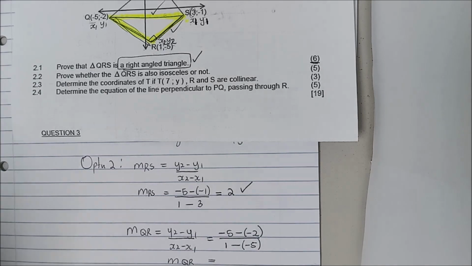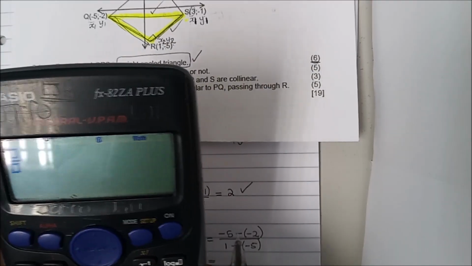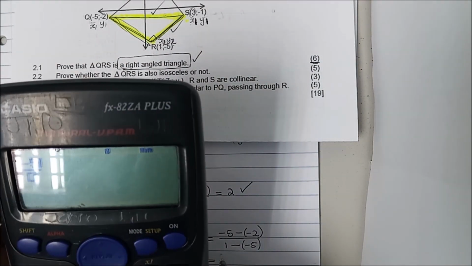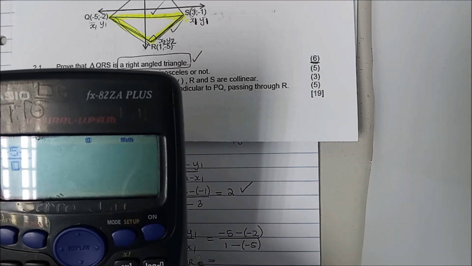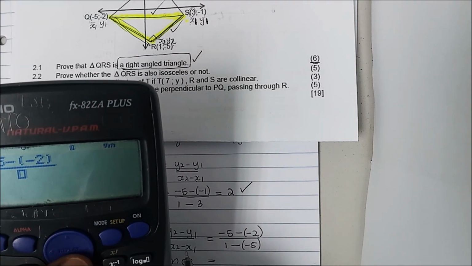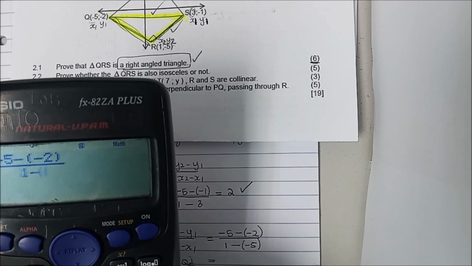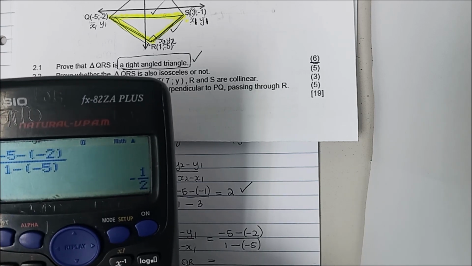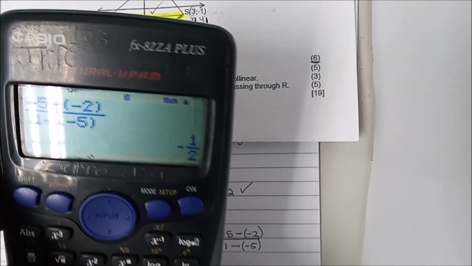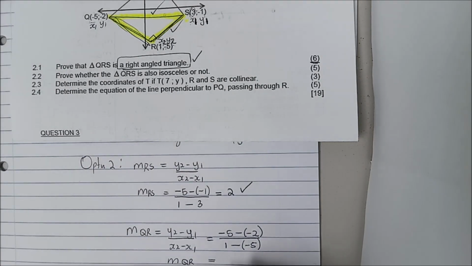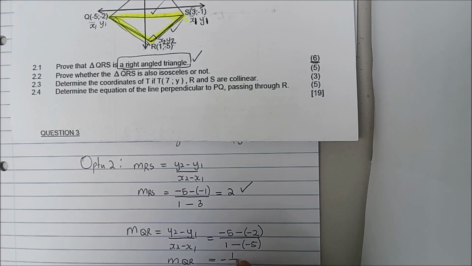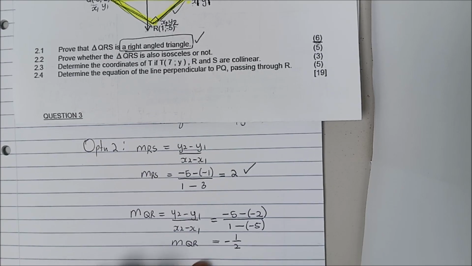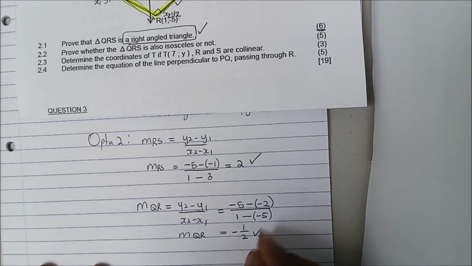Now let's go ahead and put that in our calculator. So we have -5 minus -2 all over 1 minus -5. So we get -½ in our calculator.